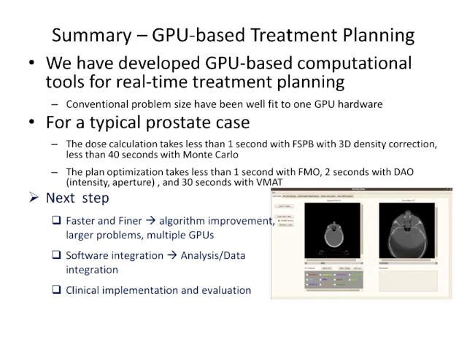Optimization also takes less than 1 or 2 seconds, or even for the highest realistic calculation, 30 seconds. All these things add up to make it favorable for us to do real-time adaptive treatment therapies. In the next step, we will do multiple GPUs, larger problems, finer problems, and algorithm improvement.